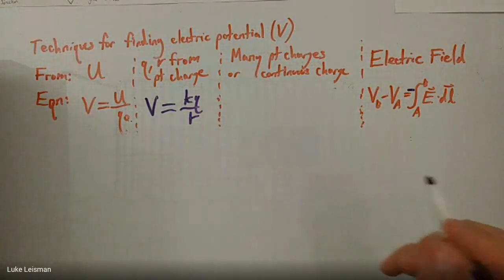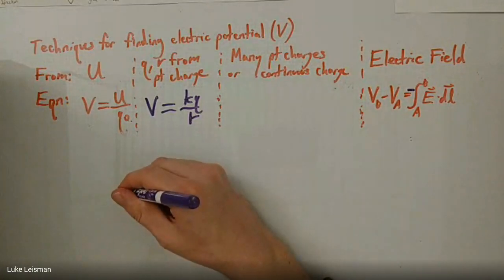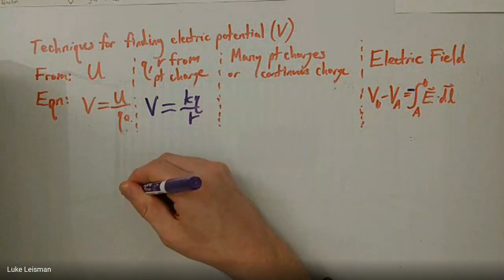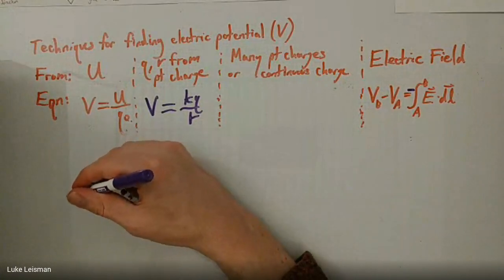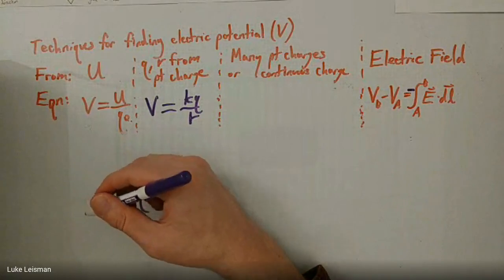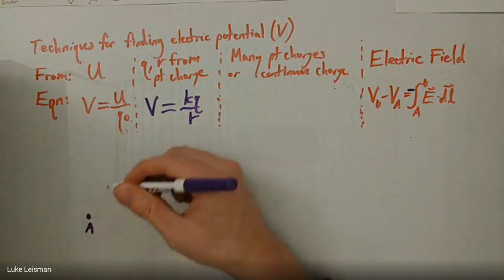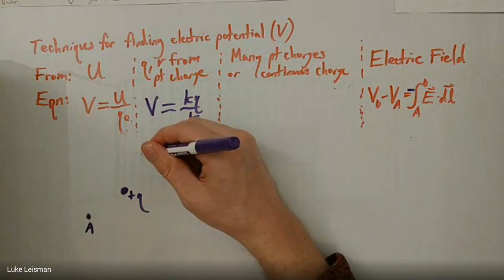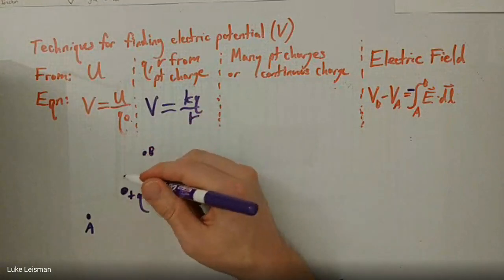To get an idea where that comes from, I want to think about some positive charge, positive q, and let's think about moving along some path. We'll pick a spot to start, and we'll call that spot A. And we'll want to go to a different spot, call that spot B. That's the spot where we want to end.